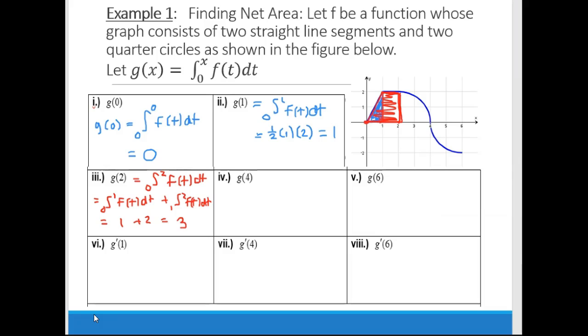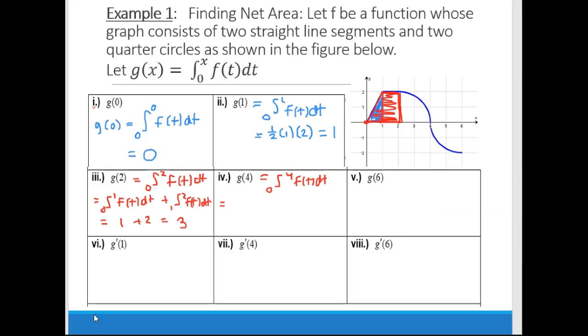So g of 4 would go from 0 to 4 of f of t dt. So again, what I would do is say, okay, I already know the integral from 0 to 2 is 3.